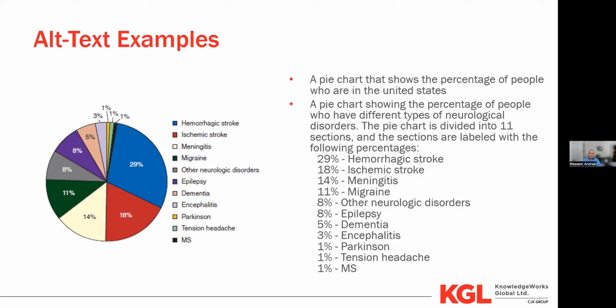So again, a lot more testing is needed to verify that this is something that could be relied upon. But for simpler charts and graphs, we're definitely seeing better results than something that is more complex in terms of a concept that's being explained.